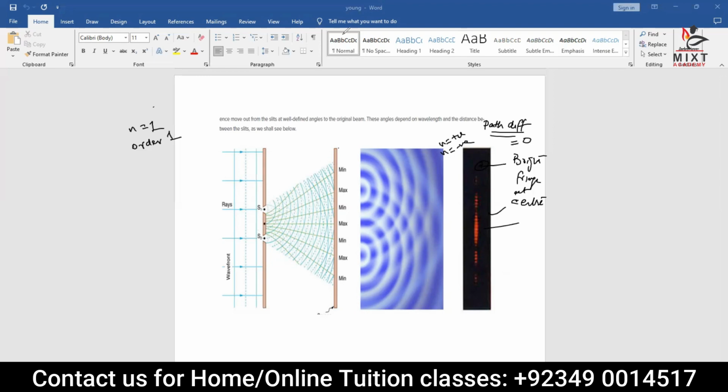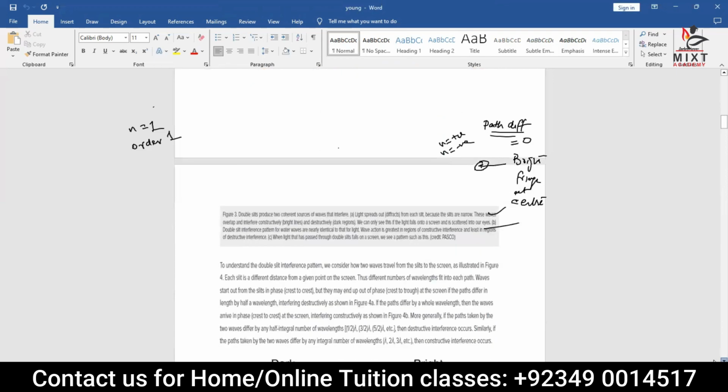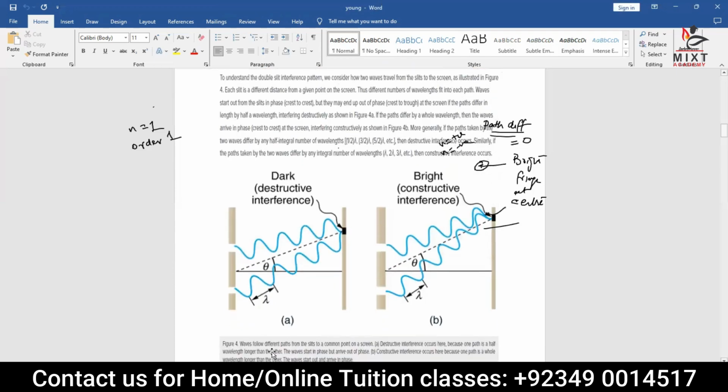Okay. Now, once you find them, check this out. This is a very good picture to show the constructive interference and the destructive interference. Check this out, what happened here.